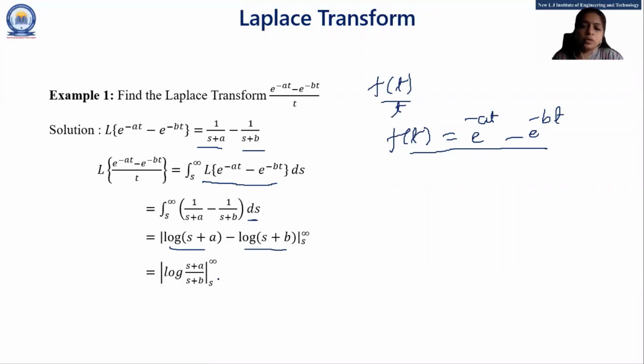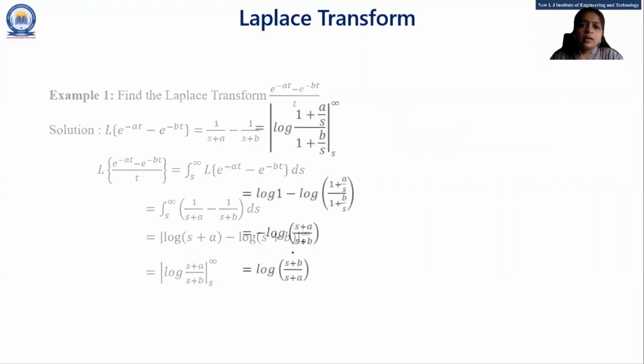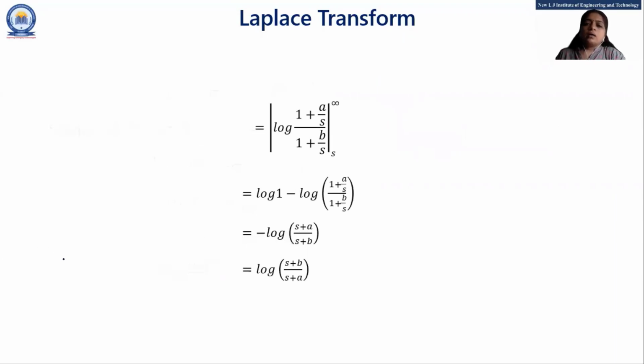Before putting the limit, if I keep s common from the numerator and the denominator, then both s will be cancelled, and here 1 plus a upon s and here 1 plus b upon s.